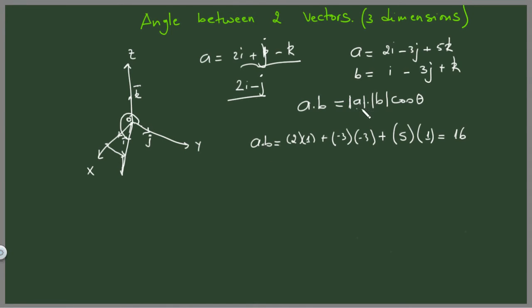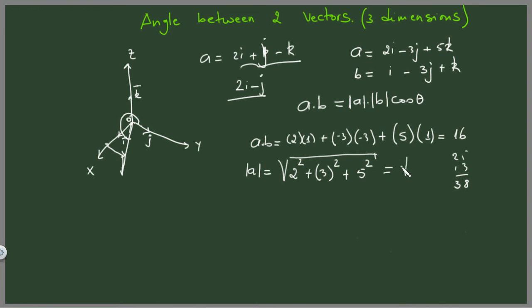And now we need the magnitude of both vectors. The magnitude of a in this case will be the square root of 2 to the power 2 plus minus 3 to the power 2 plus 5 to the power of 2. This gives us 4 plus 9, which is 13, plus 25, which is 38.